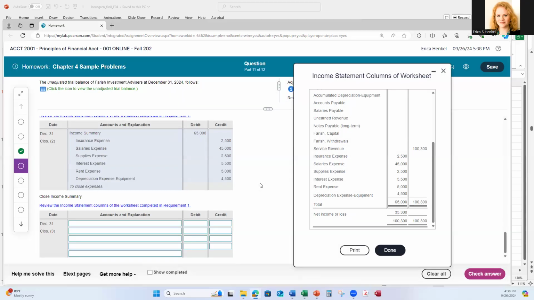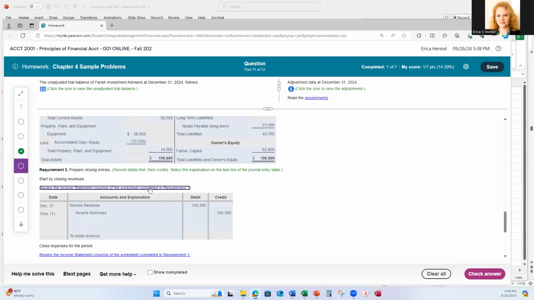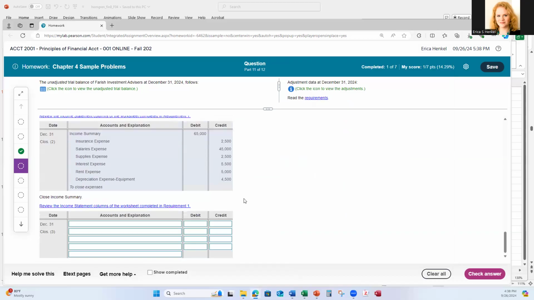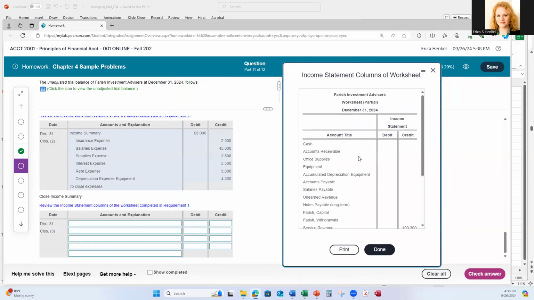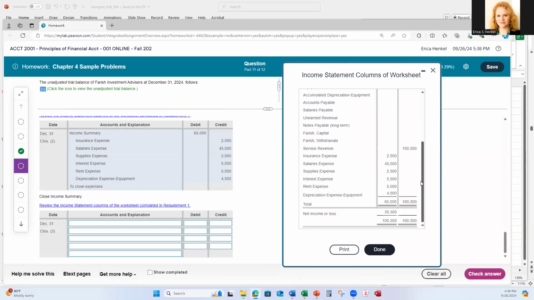All right. And then the next thing I need to do here is close out my capital account. Oh, sorry, we need to close out our income summary account into capital.